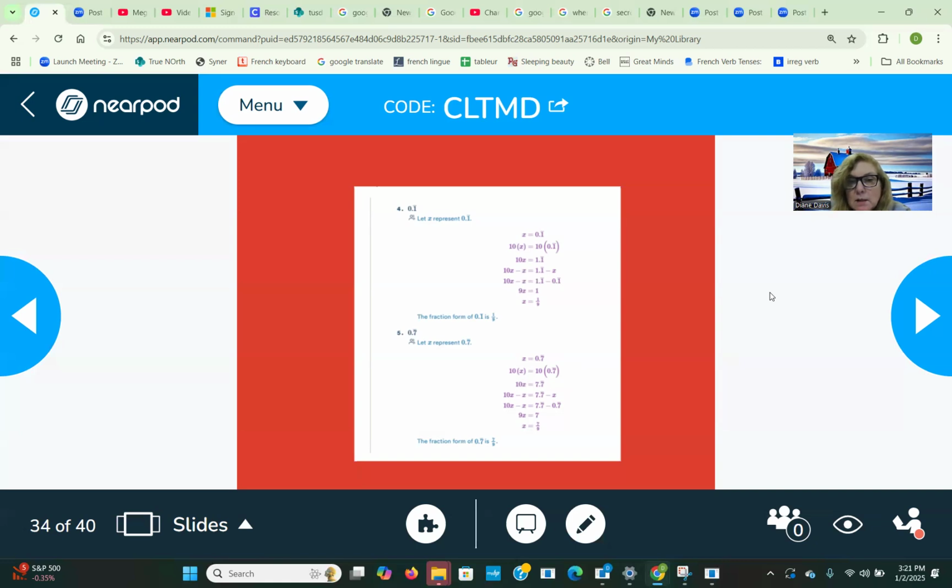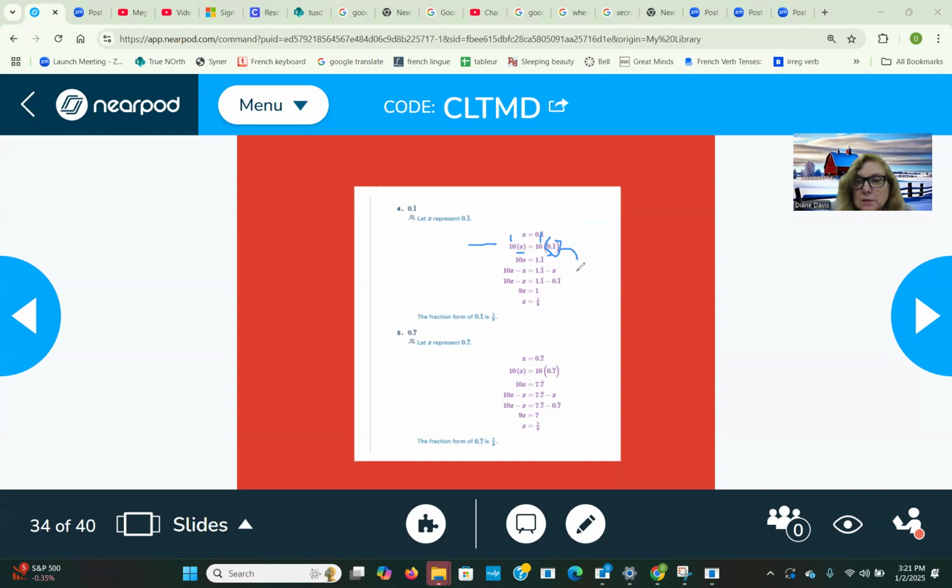All right, and then 10x take away x, you subtract an x from both sides, which can be substituted for this 0.1. We know that x is equal to that because of the statement.